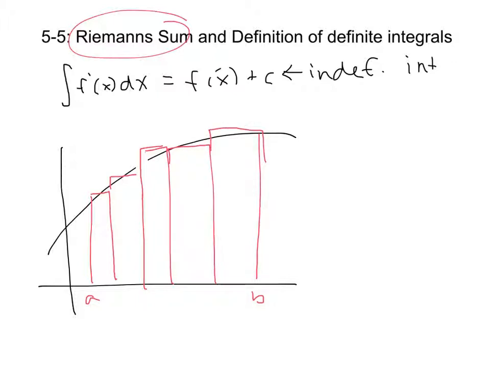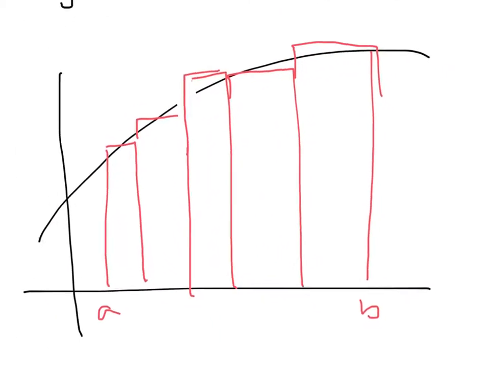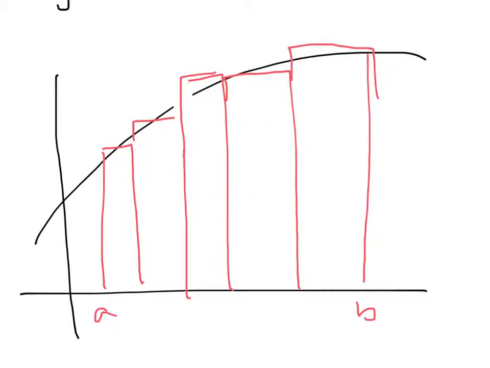Okay, now each of those rectangles has a different width, and I'm going to zoom in on this picture just so I can make sure it's really clear for you guys. So each of those rectangles has a different width, and our width is determined by our x value. Because our widths are a change in x, I'm going to refer to them as delta x. So this one right here would be delta x1.